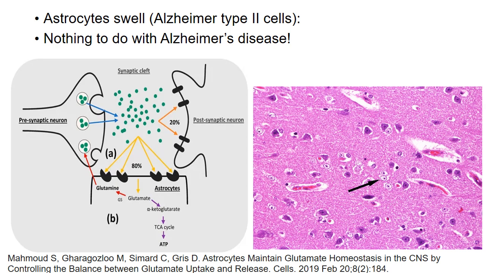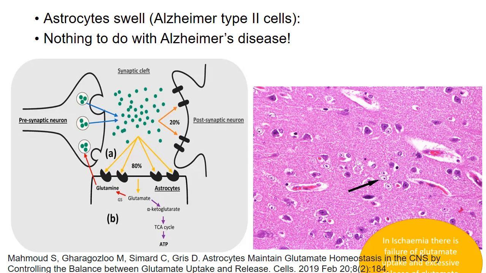The astrocytes, you must note, are involved in uptaking this glutamate and recycling it back to the neuron in the form of glutamine. This reaction is catalyzed by glutamine synthetase. However, there is also another mechanism by which glutamate produces ATP through the TCA cycle.